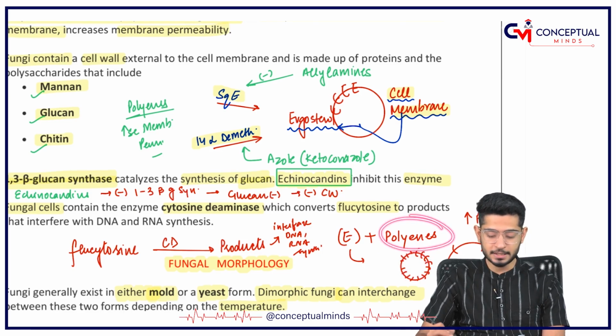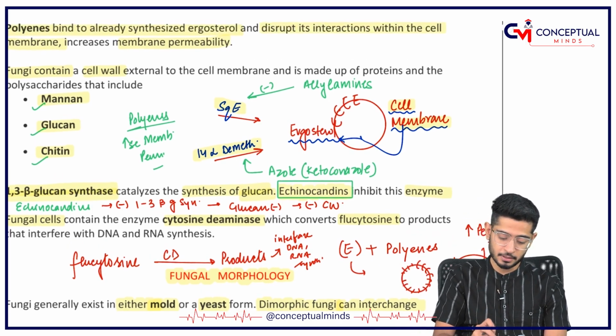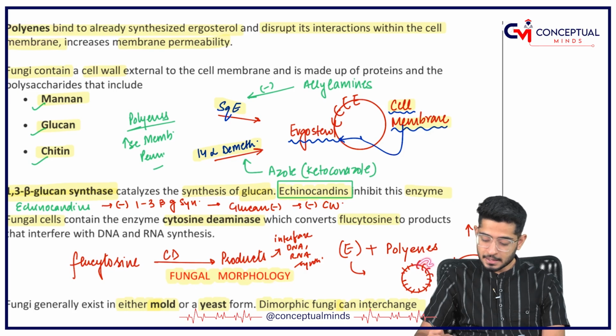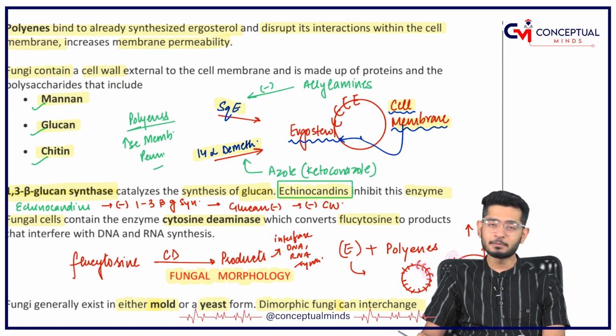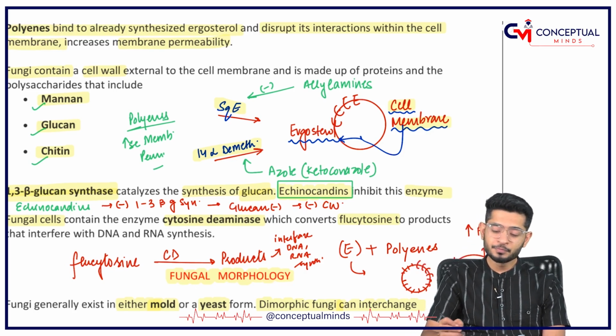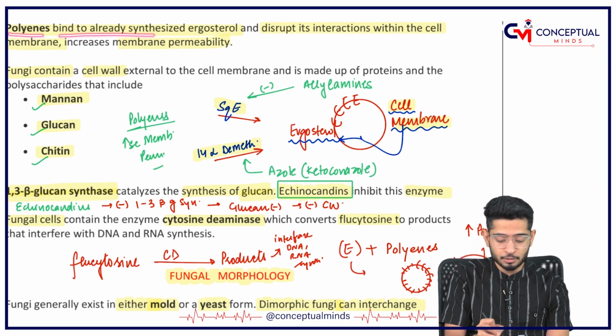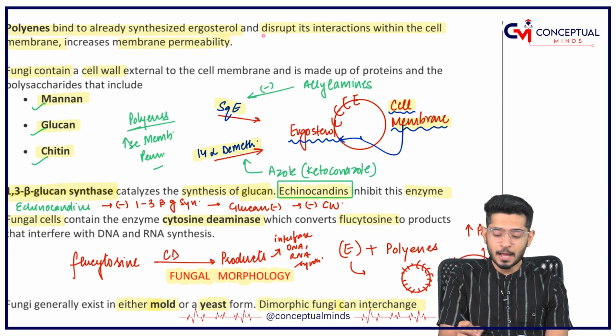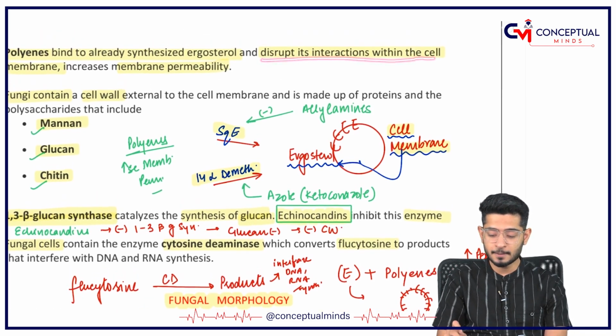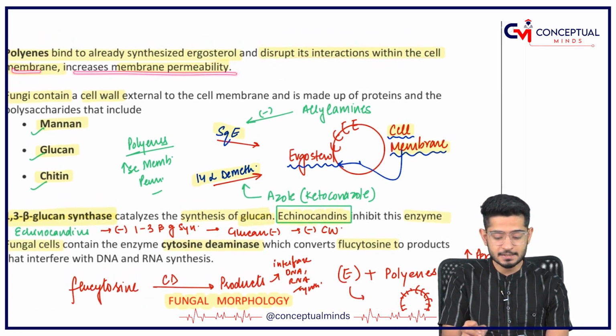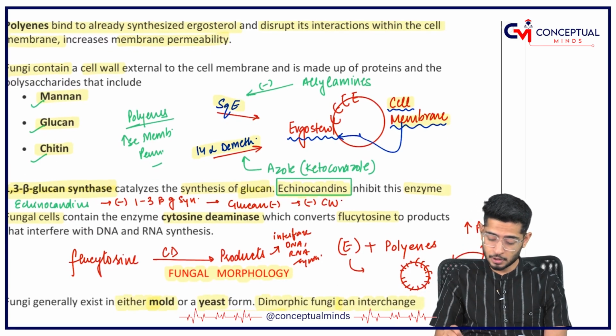If you give polyenes, these ergosterol molecules will not be able to bind properly, and because they are not binding properly, it is going to increase the permeability of the membrane. So polyenes bind to already synthesized ergosterol and disrupt its interaction with the cell membrane, increasing the membrane permeability.